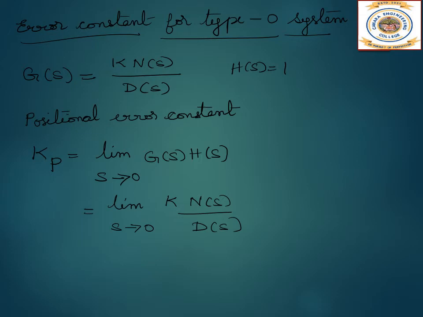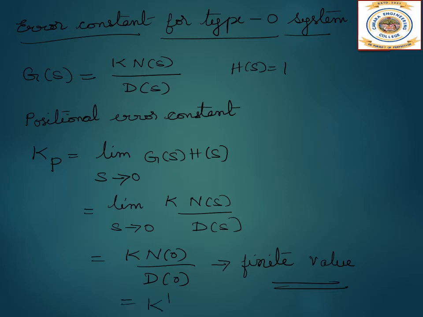Now, when I apply limits here, what happens? We get a finite value. We don't know what the value is, but it is a finite value over here. So Kp we get as some finite value, say I'll consider this as some K dash. So what happens to the steady state error?